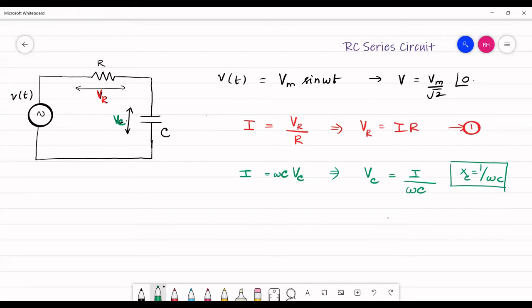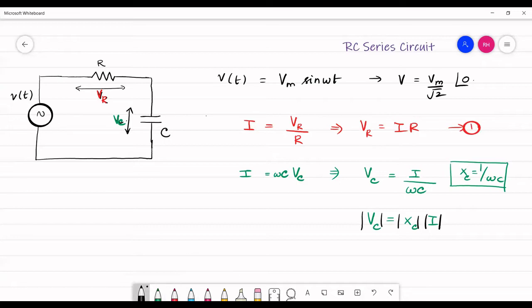Now, substituting the value of 1 by omega C as Xc, we have Vc is equal to Xc into I. This expression gives only the magnitude of the voltage, that is the capacitor voltage.